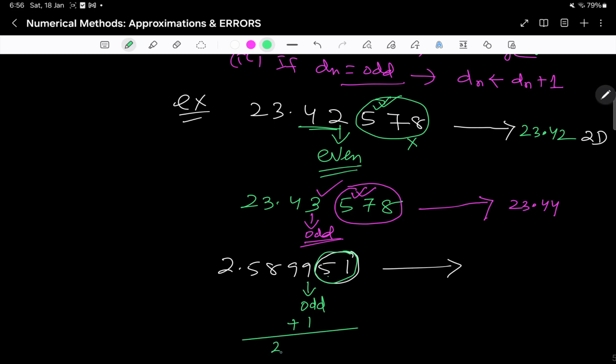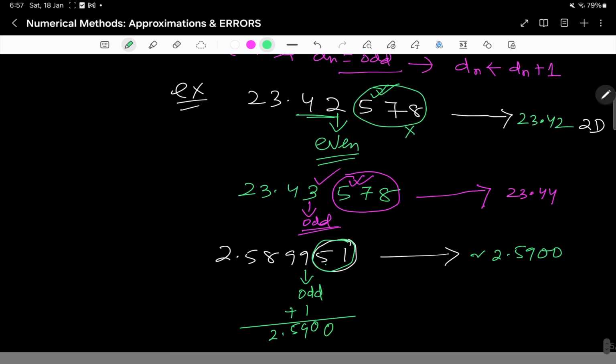If I add 1, it is 2. 9 plus 1 is 0, carry 1, again 0. So now it becomes 2.5900, right? It will be 2.5900.